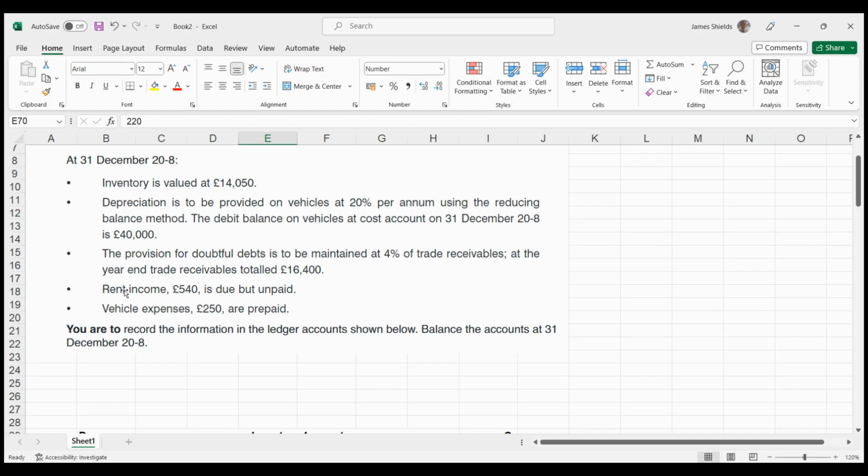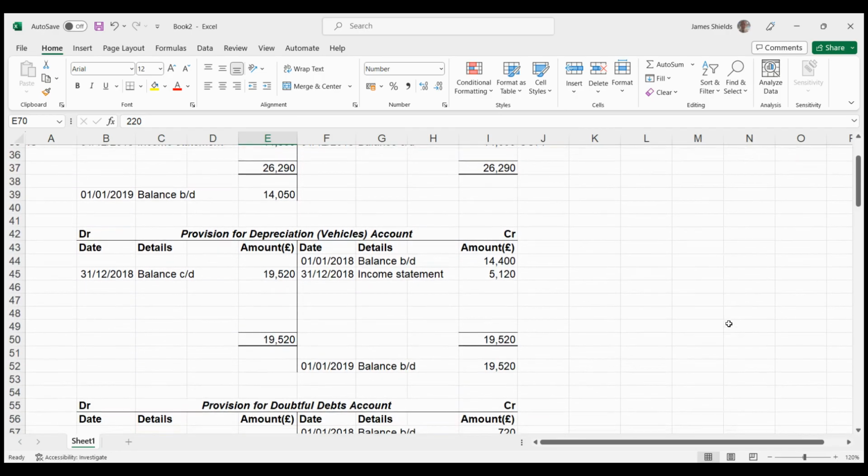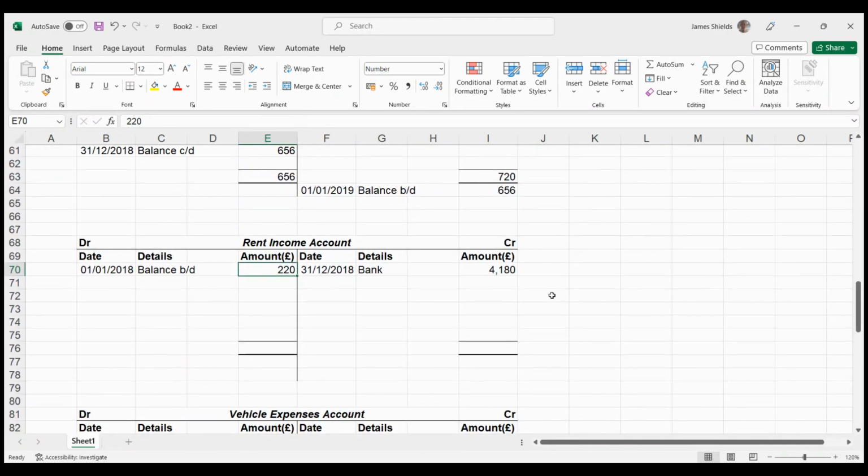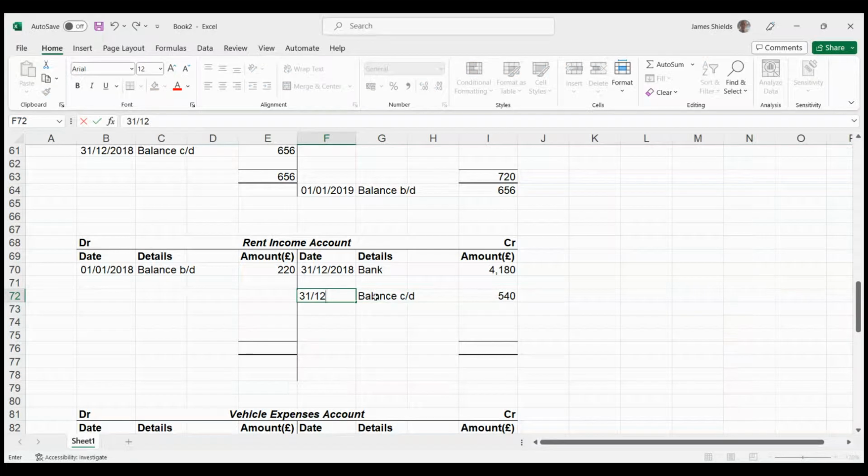It's got rent income at the end of the year of £540 is due but unpaid. So we're due another £540 for rent income. So I'm just going to put that number down there before we forget it. So it's going to increase the amount of rent, so it's going to be on the credit side. But we haven't received it yet. So it's going to be called balance carried down at the end of the year, 31st December 2018.